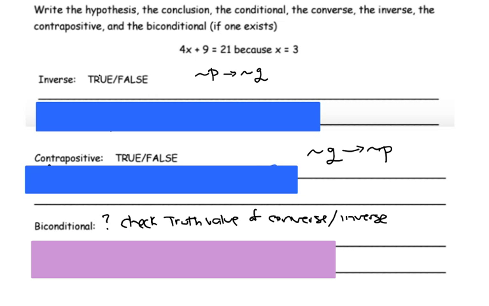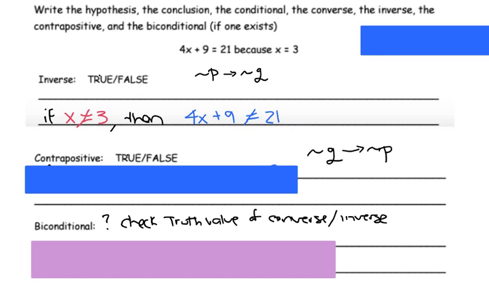Remember, for the inverse, we negate the original hypothesis and the original conclusion. That's all you do. So when we negate them, we get, if x is not 3, and you demonstrate not 3 by putting a slash through your equal sign, then 4x plus 9 is not equal to 21. Well, what do you think? Is that statement true or false? Hopefully you're saying that that is true.